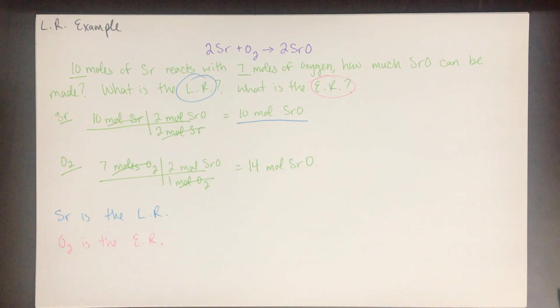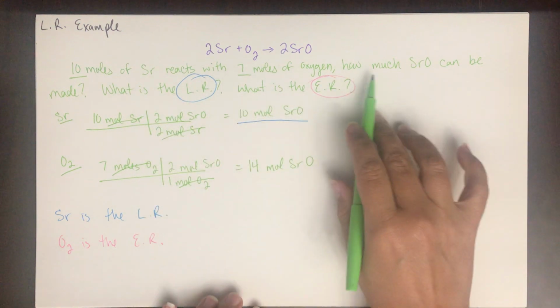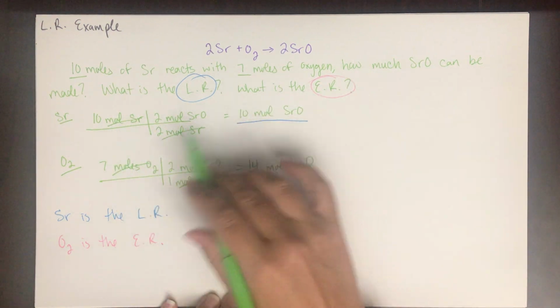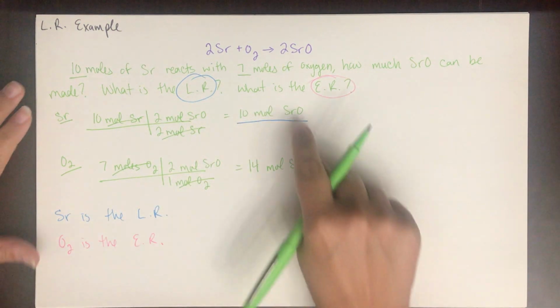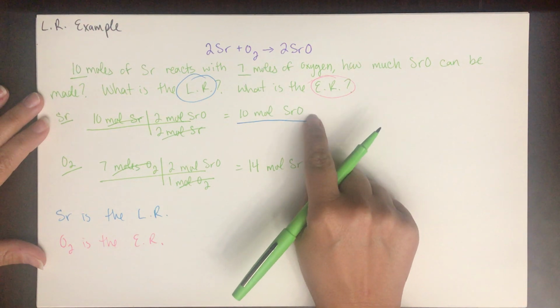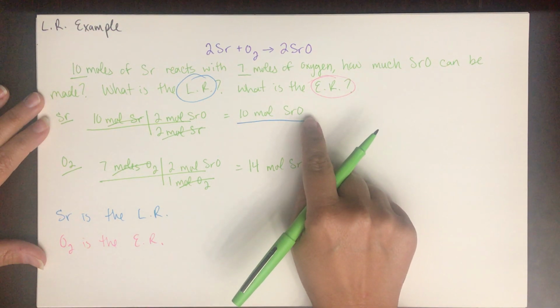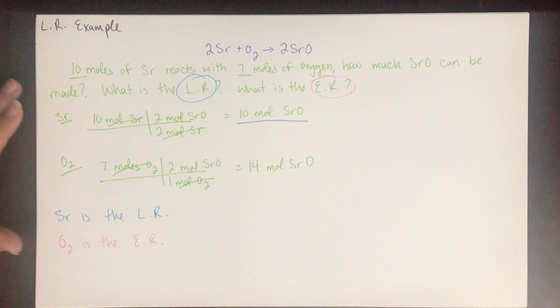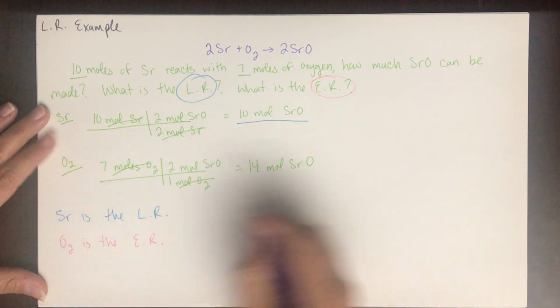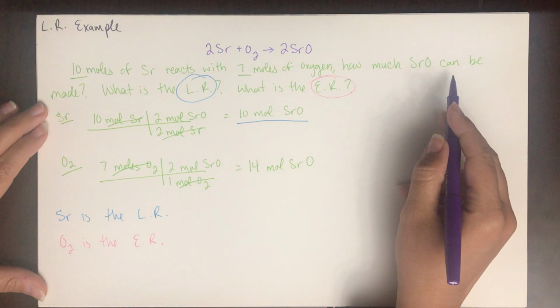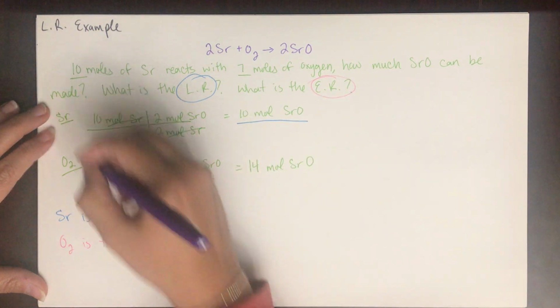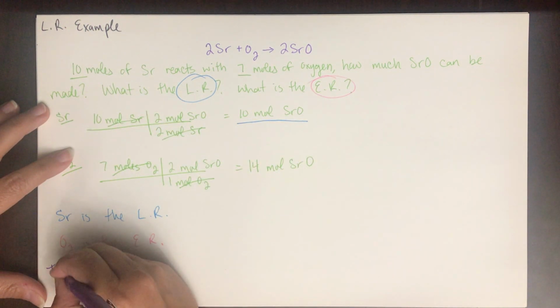Something that I didn't mention in our first example, but is also important, I'm going to go ahead and add to my question here. How much strontium oxide can be made? That is the answer to however much you can make with the limiting reactant. So that number, how much strontium oxide can be made, this is actually called the theoretical yield.